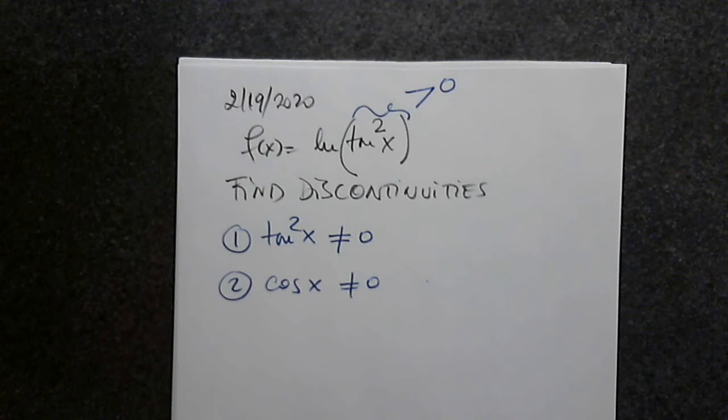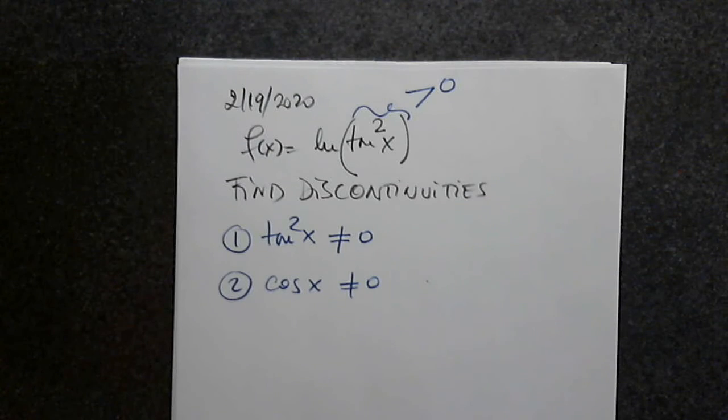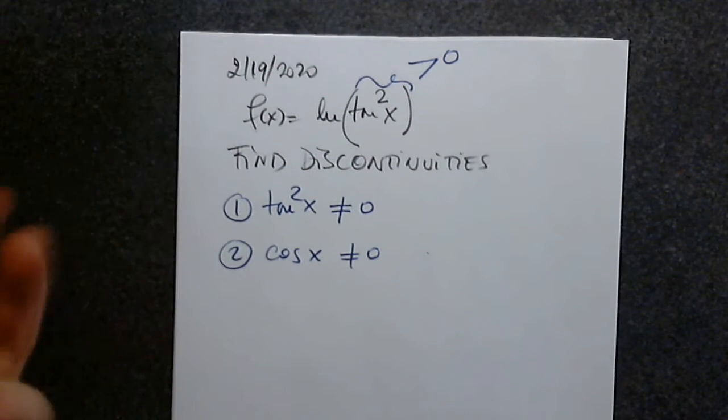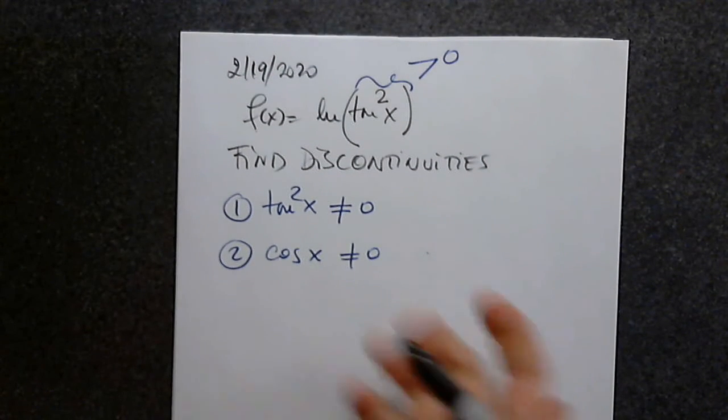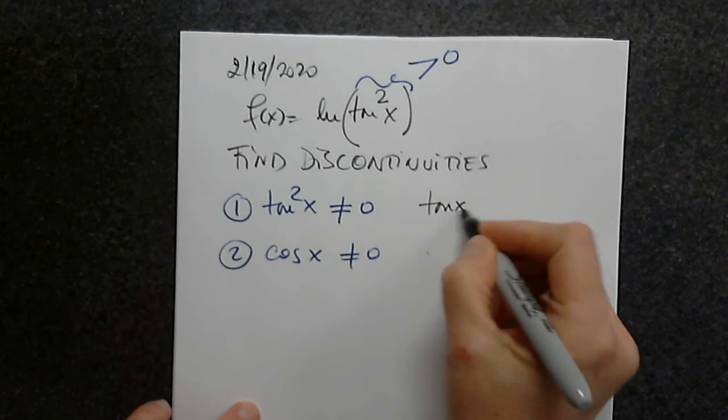So I cannot have something undefined, and I cannot have something that is zero. Does it make sense? Okay, so we have to analyze these two conditions now. Tangent squared not zero is the same as tangent not zero.